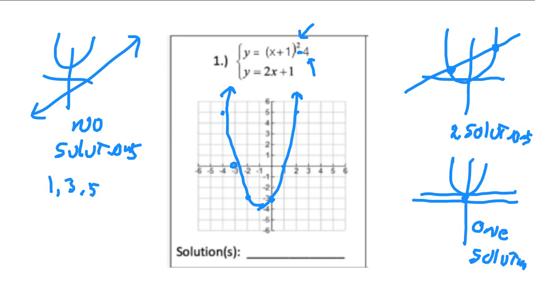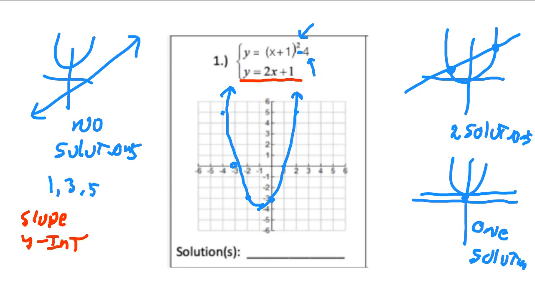Okay, so now I graphed the parabola, but I didn't graph the other one. So let's graph the line. y is equal to 2x plus 1. Well, in order to graph a linear function, I need to know what the slope is, and I need to know what the y-intercept is. Well, it's in slope-intercept form.